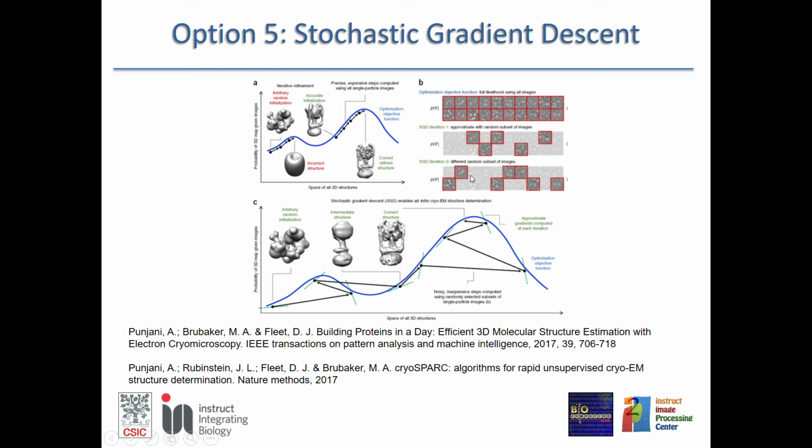A gradient descent, just one iteration, and by doing this, you are allowed to explore different areas of your goal function. The goal function actually is changing from one iteration to the next.